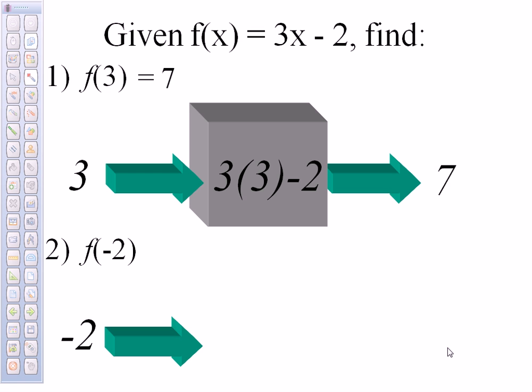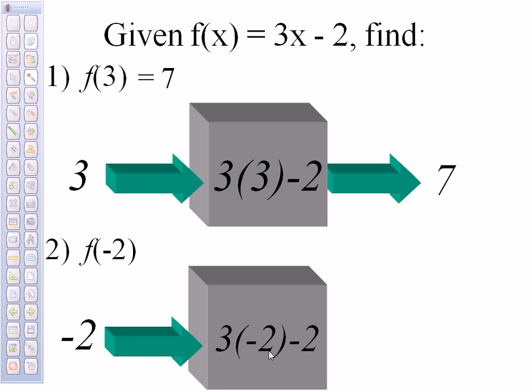So 3 times negative 2 is negative 6. And negative 6 minus 2 is negative 8. So the value of the function when x is negative 2, or f of negative 2, equals negative 8. Make sense? Okay.